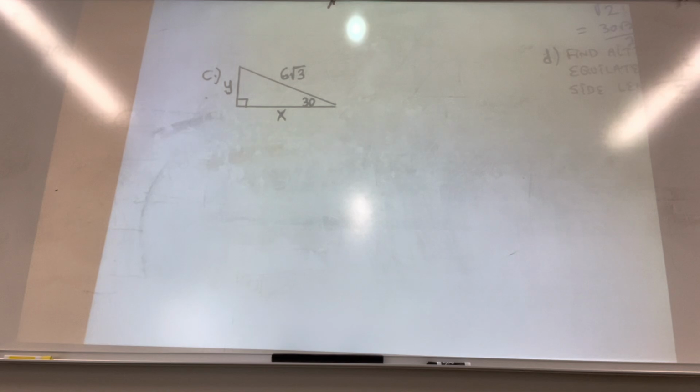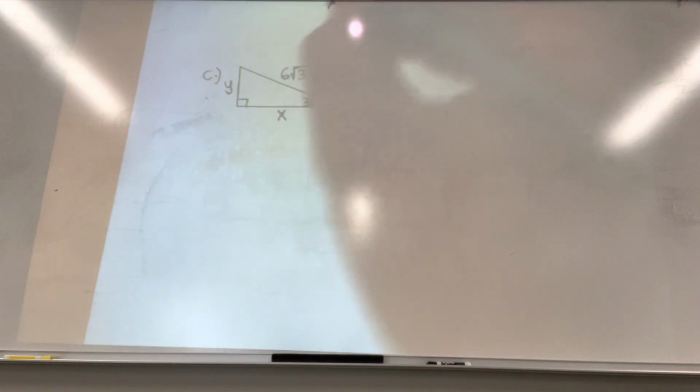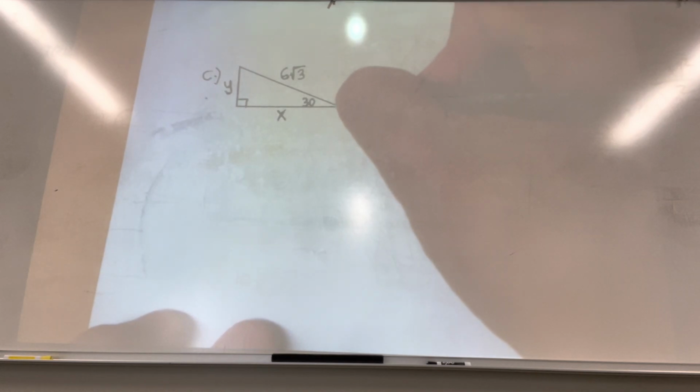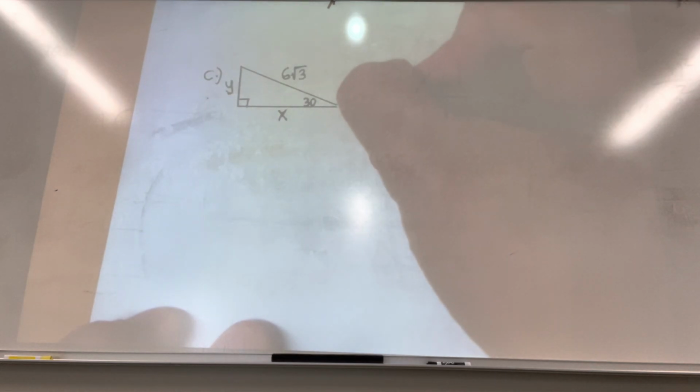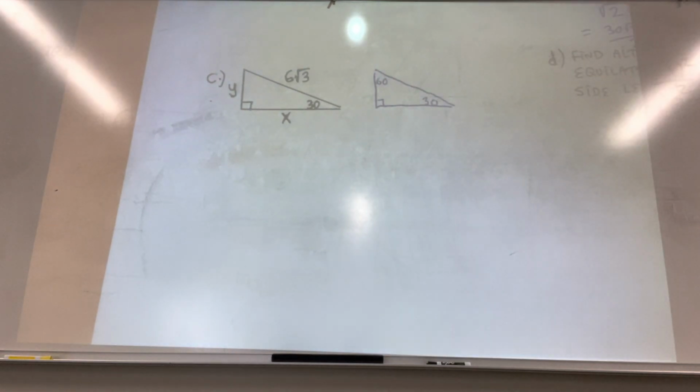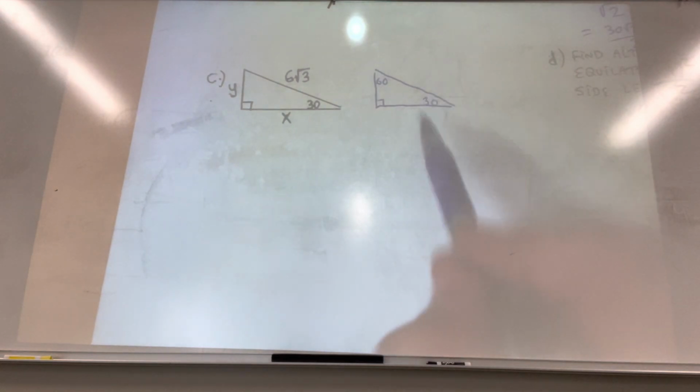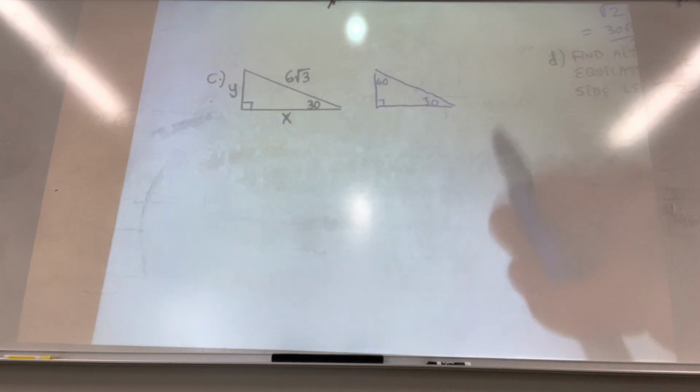All right, we got it? Okay, Jasmine, what goes across from 30?